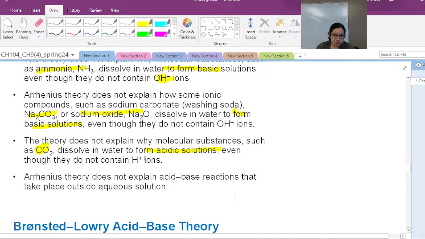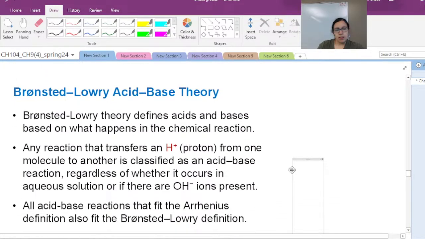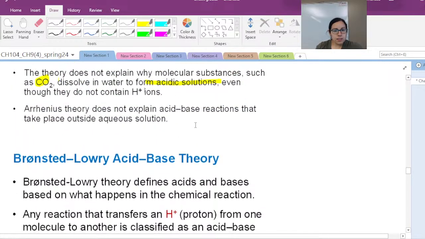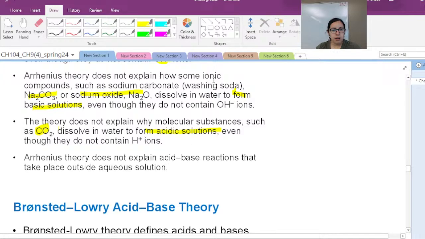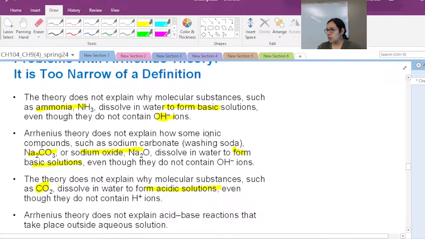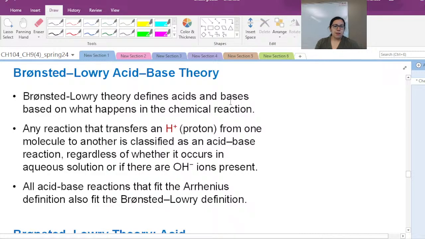All right, so now we go to our next definition of acids and bases, our Bronsted-Lowry acid-base theory. This was based upon the need to refine our Arrhenius definition. So we see its shortcomings, and now we have our new definition.